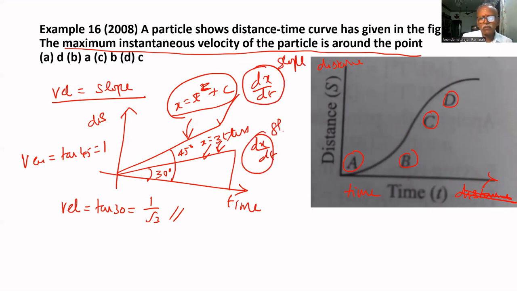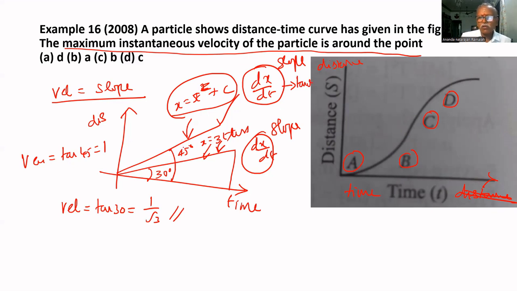What is slope? Slope is the angle made by the tangent at any point with the x-axis. In other words, slope is tan theta.